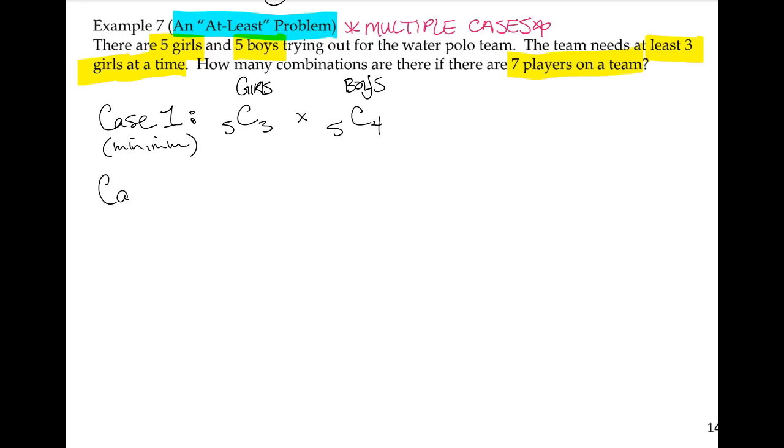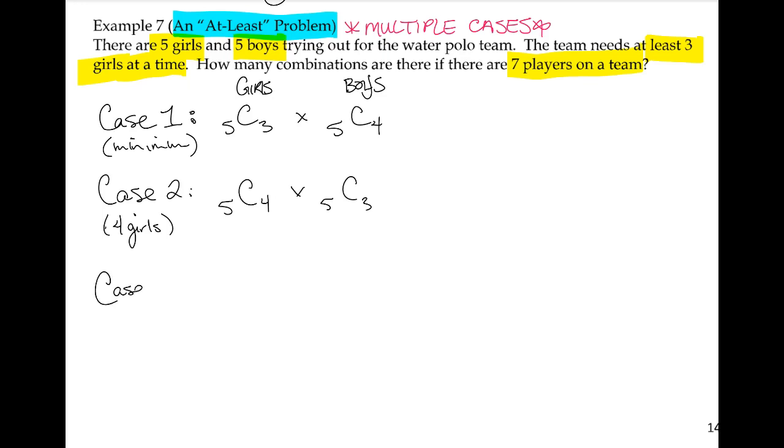But case 2 is if I choose 4 girls. Then for boys, I only have space for 3.